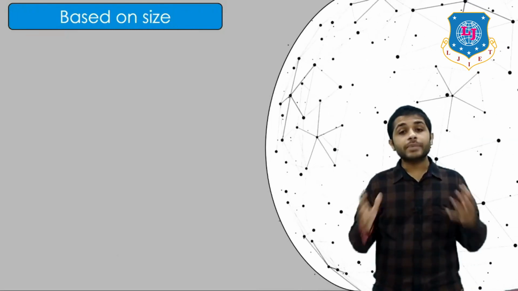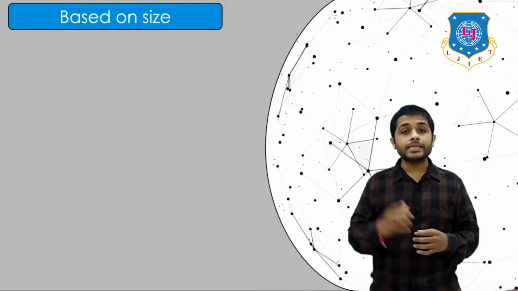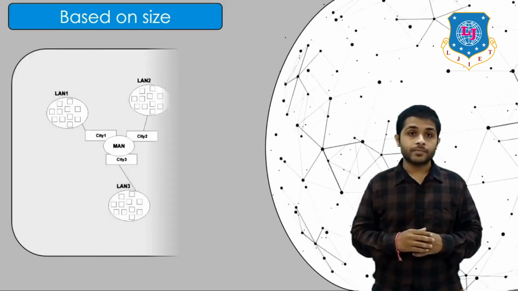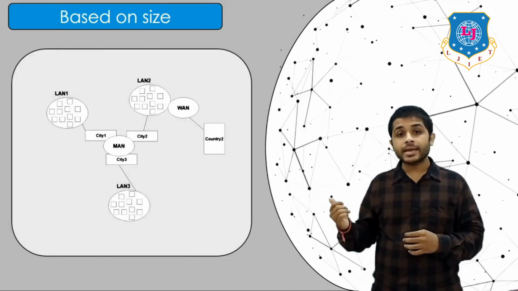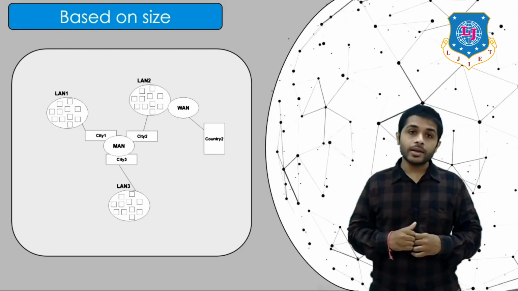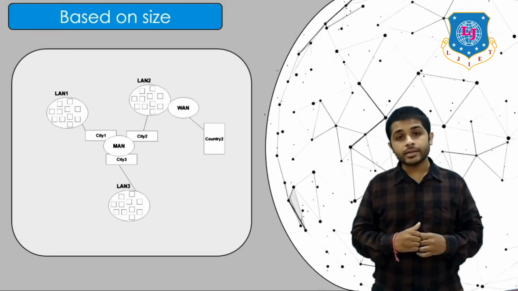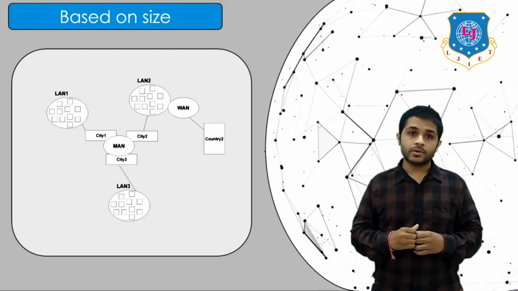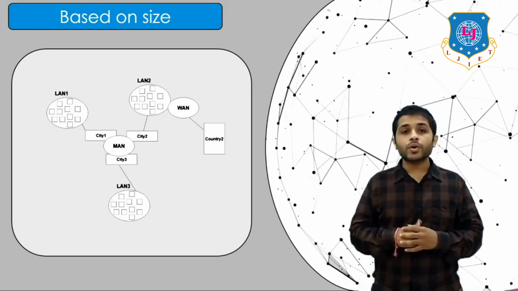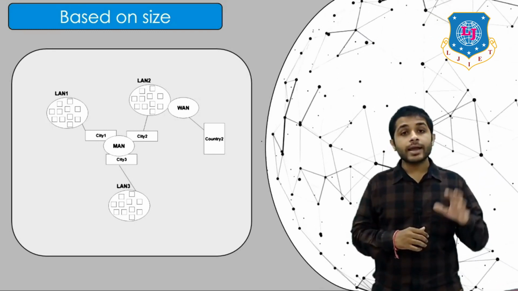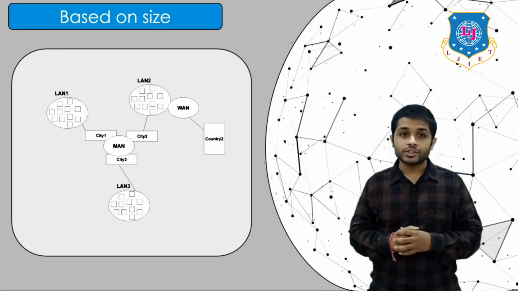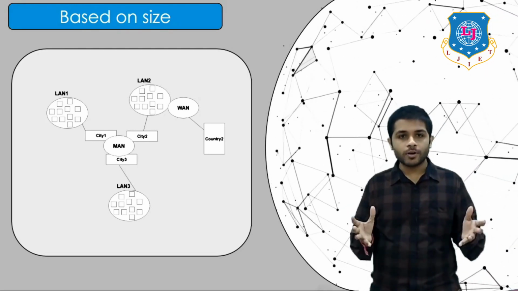Then after, based on size, the network can be divided into three types: LAN, MAN and WAN. Local area network, metropolitan area network and wide area network. The example of a local area network is the network at your home or at your college, which is very small.